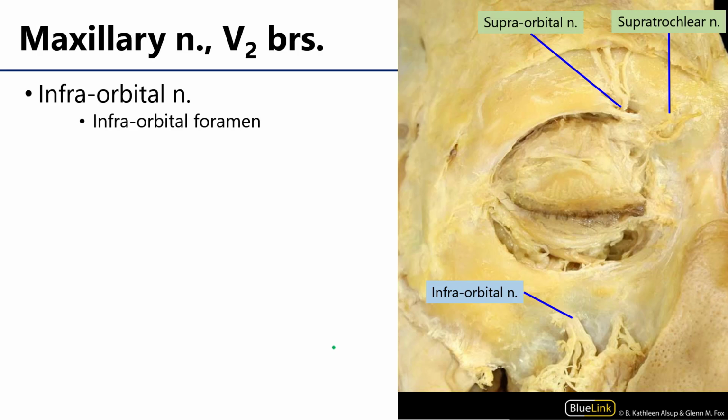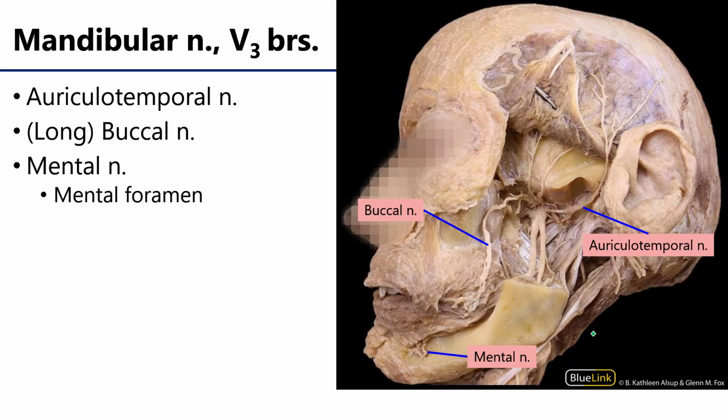Moving down. So there's the supraorbital foramen, but that could be a notch. There's the infraorbital foramen with the infraorbital nerve moving through it. So that fascial space, if you recall, is similarly named. That's the infraorbital fascial space, also known as the canine space.